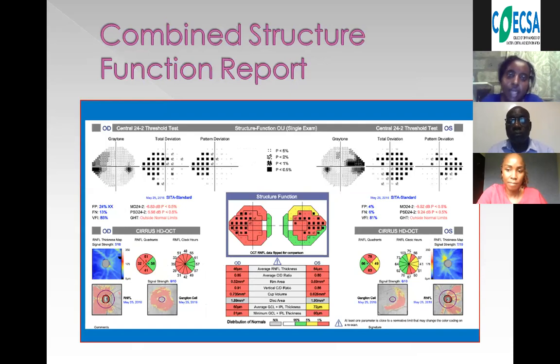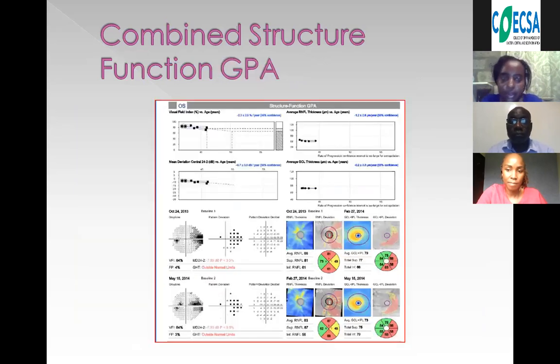The same can happen for progression, whereby the visual field progression is plotted the same way as the OCT progression, and you can combine the two, and all this can be put in a glance. One can just have an idea of how this patient is progressing.